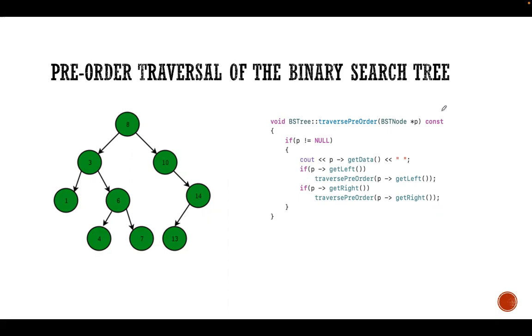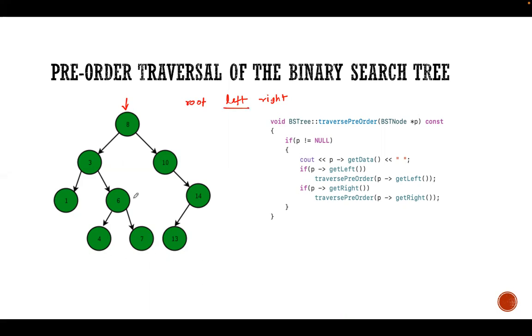So here we are doing the pre-order traversal. We know that pre-order traversal means we first read the root, then left, then right. So first we start from the root. First we read the root, then we go to the left. But if the left is another subtree, then we are going to process the left subtree with the pre-order traversal.